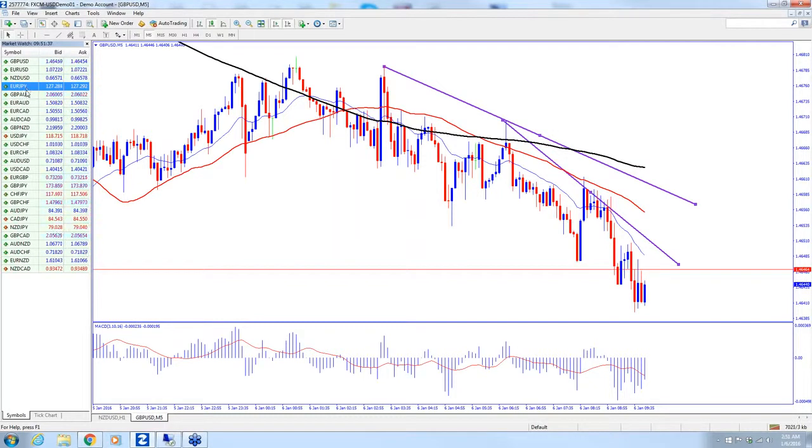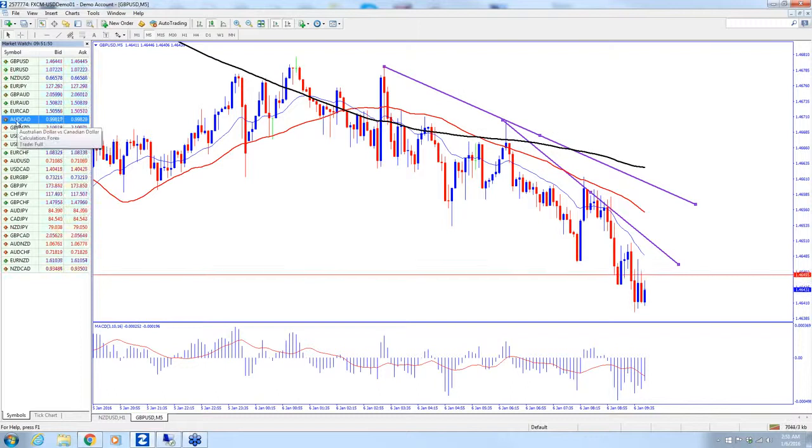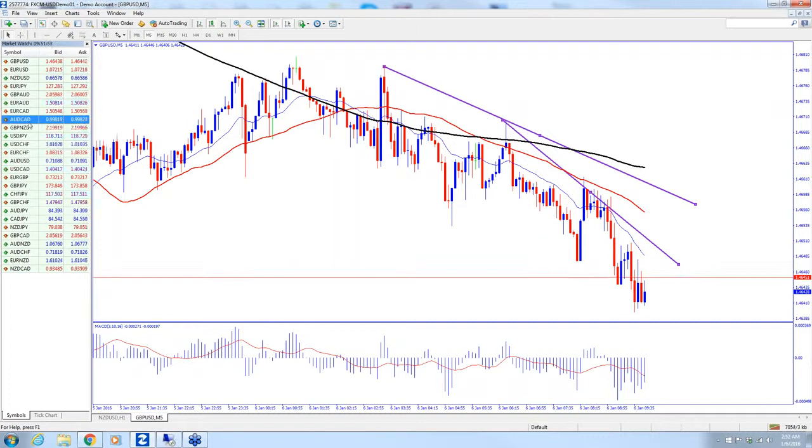AUD CAD, the AUD USD and the CAD USD, you're crossing those two and coming up with a new price. And what that means is that it costs 99 Canadian cents, or 0.99, to buy 1 Australian dollar. That's all it means.